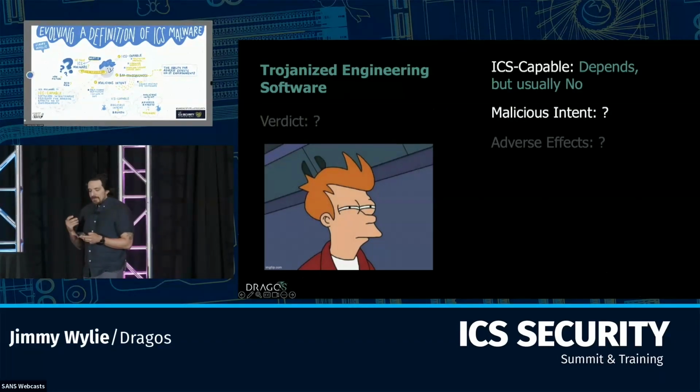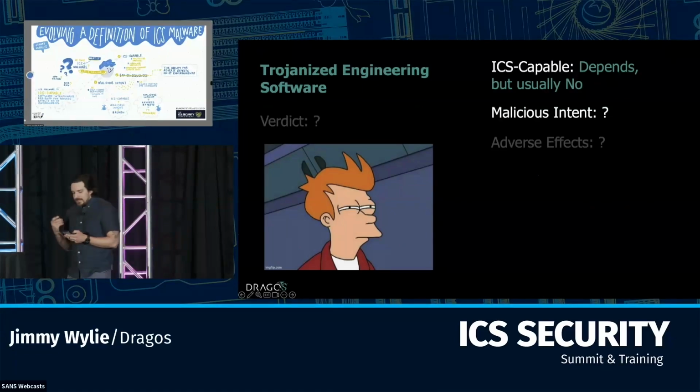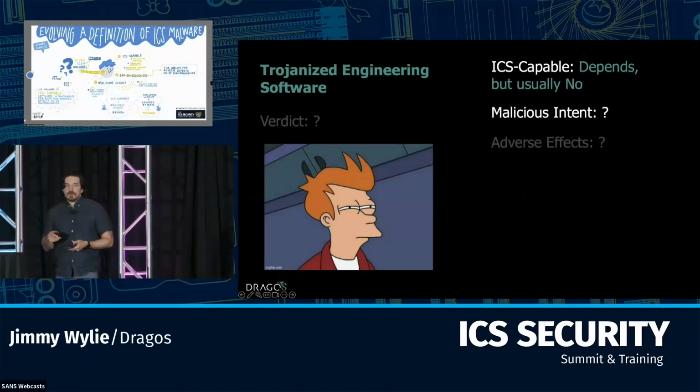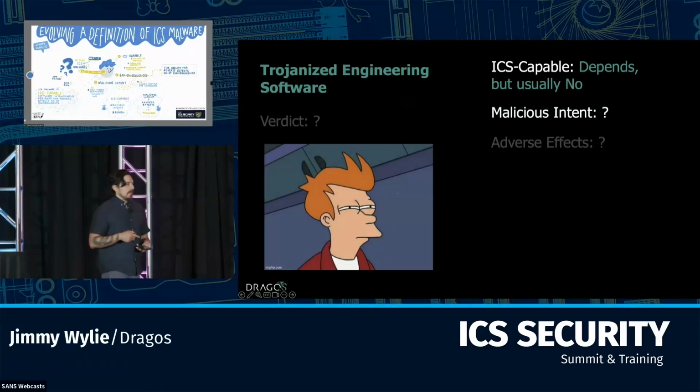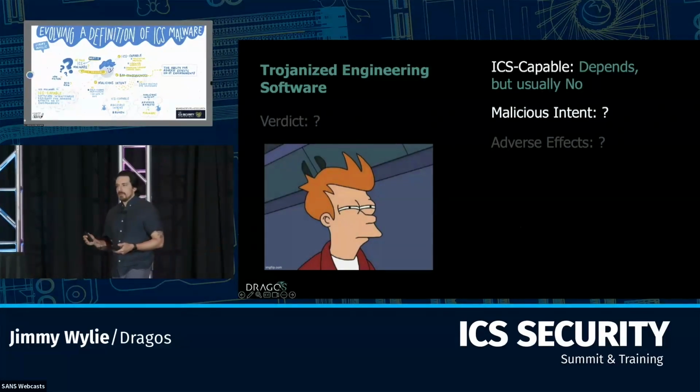Now, I don't have enough time to get into the details here because this case is actually pretty interesting. But the summary here for malicious intent is that the way you decide on malicious intent is you need to figure out whether or not it's a purposeful infection of the OT software in order to get into the OT network. Are they targeting a piece of OT software so that they can get into your network and do something?